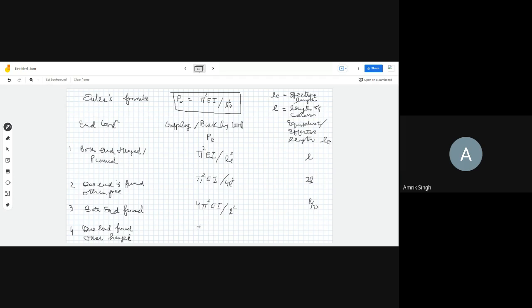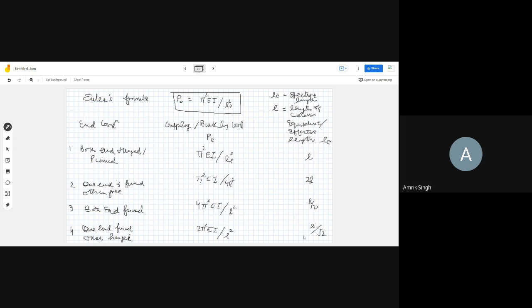So this condition is 2 pi square EI divided by L square. So in this case, the equivalent length is L upon root 2.